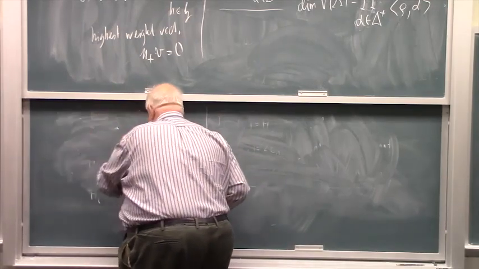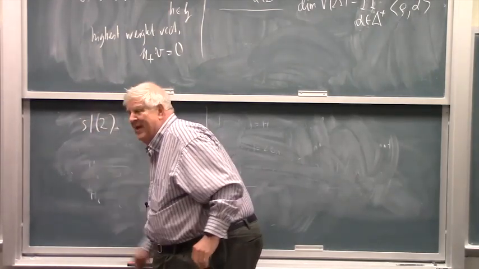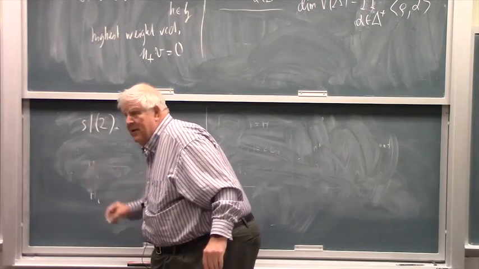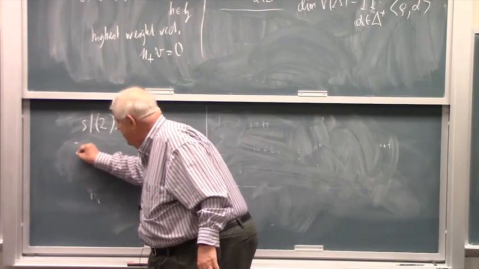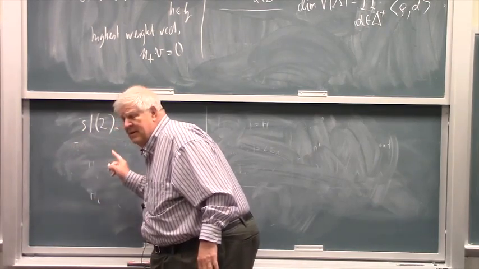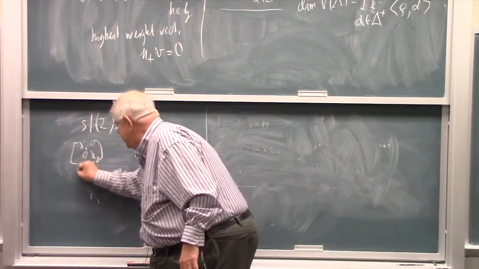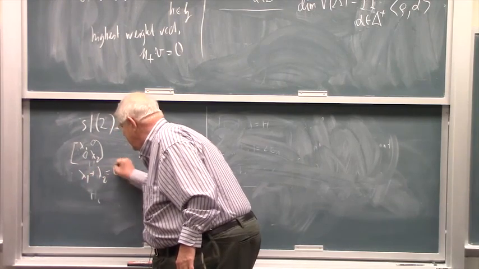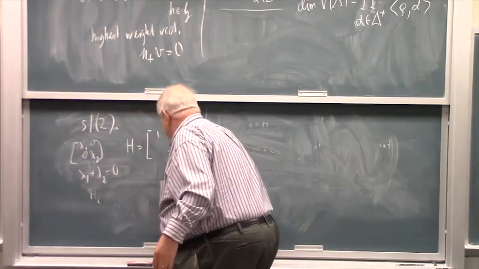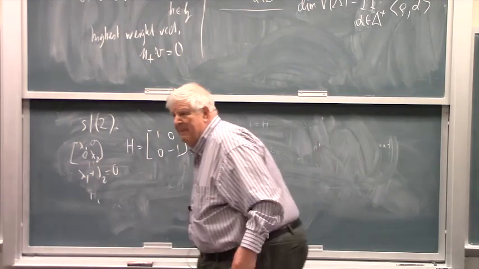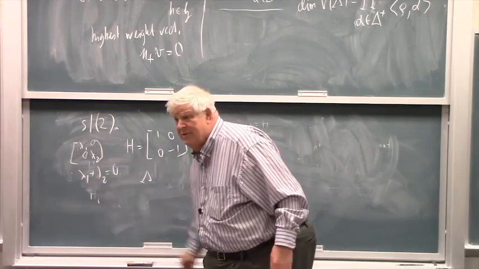Example. Speaking of examples, immediately we have in mind SL2. Rank is 1, so there is only one positive root, alpha. The Cartan subalgebra of this is this, with lambda 1 plus lambda 2 equal to 0. H1 if you prefer, but it's the only H. Now lambda is a function on this one-dimensional space.